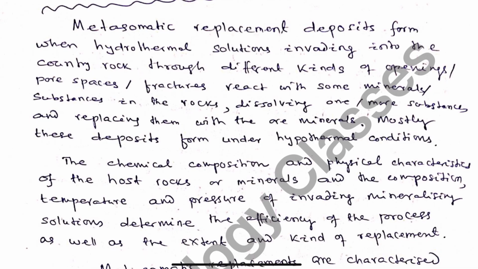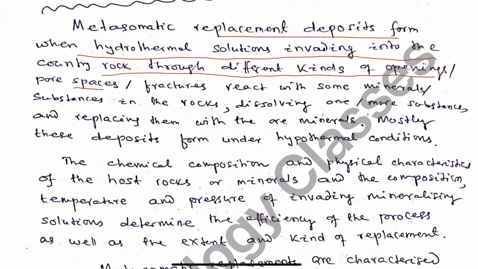In case of metasomatic replacement, the deposits form when hydrothermal solution invading into the country rock through different kinds of openings, pore spaces or fractures reacts with the minerals of the country rock, and this reaction causes dissolution of the minerals from the country rock, and in its place deposition from the hydrothermal fluid takes place where the removal of mineral occurs through reaction.